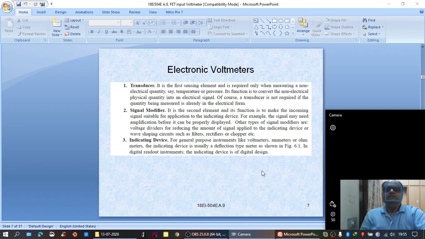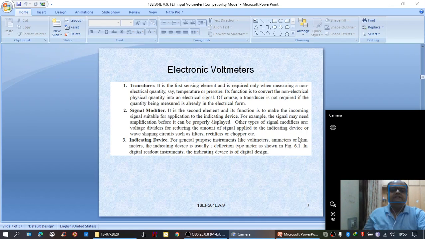For example, the signal may need amplification or even attenuation before it can be properly displayed. Even if the signal is very high, the meter may go out of range, beyond the full scale value. The meter cannot measure beyond its maximum value. So signal modification is necessary.